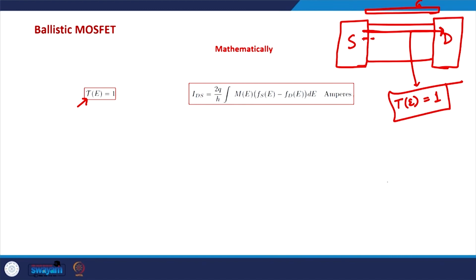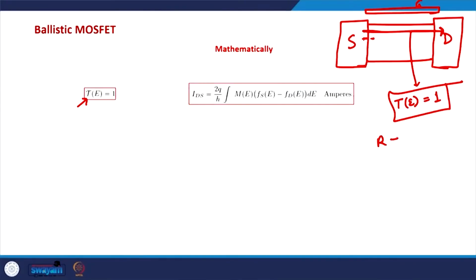All these ideas must be clear, because there might be a false notion that in ballistic MOSFETs the resistance will be 0. That is not the case. The resistance is there because of the interface between the source and the channel and between the drain and the channel.